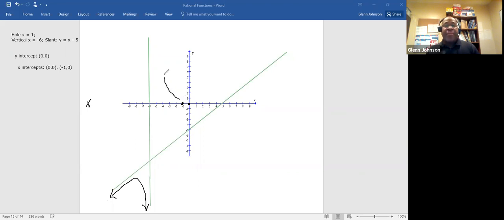It could tend up toward the vertical asymptote or tend down toward the vertical asymptote. Now, one thing I failed to mention before is that it is entirely possible for the graph to cross a horizontal or a slant asymptote. There's nothing wrong with that happening. So that is a possibility. All right. So now we'll need to figure out what's happening between -6 and -1.